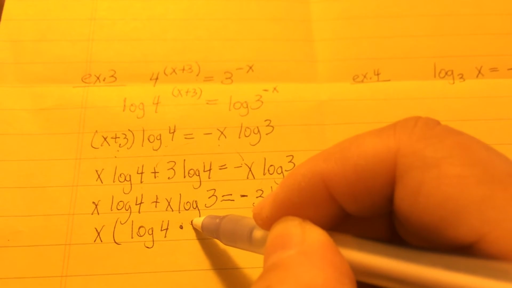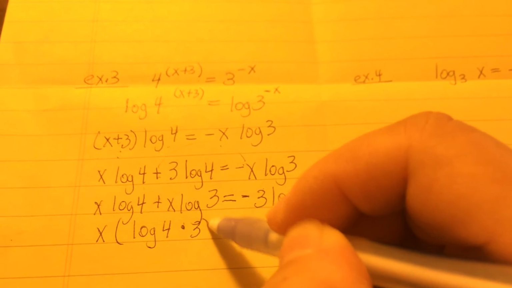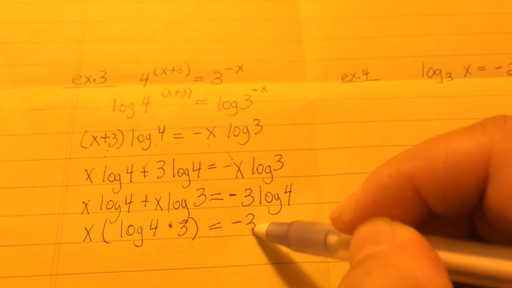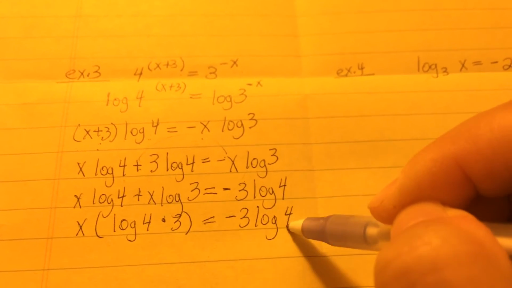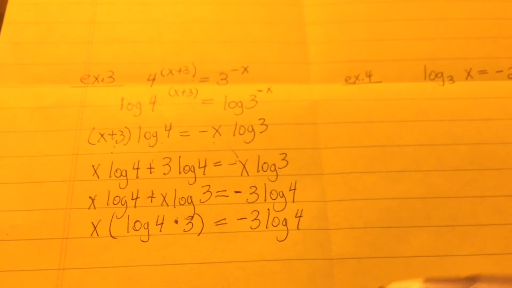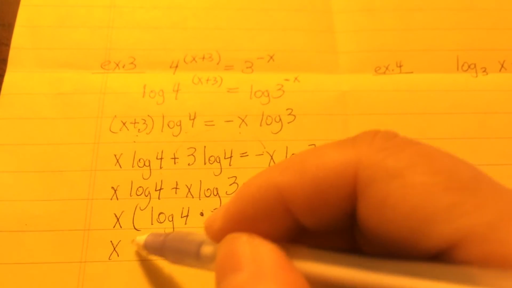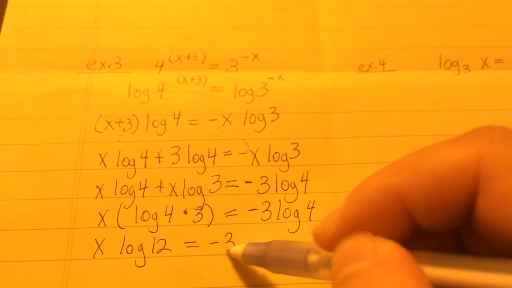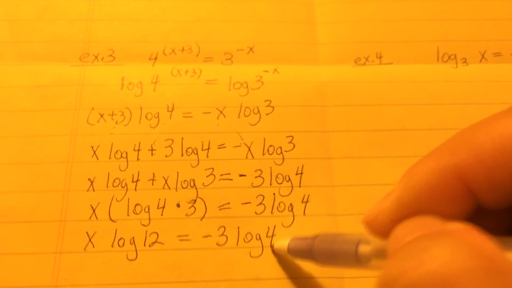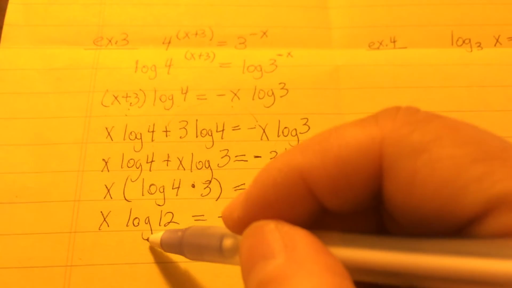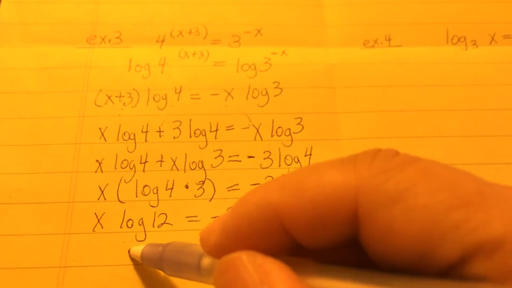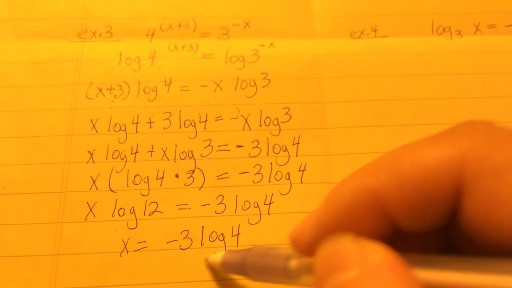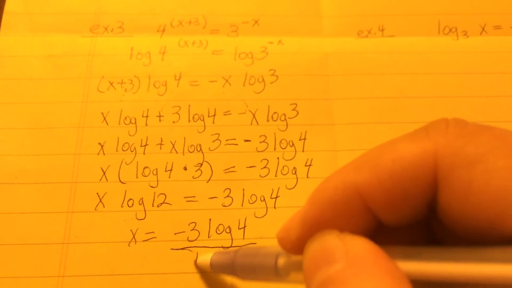Go ahead and do the multiplication: log 4 times 3 is equal to negative 3 log 4. So this becomes log 12, equal to negative 3 log 4. Again, we're solving for x, so we can divide both sides by log 12. So it becomes negative 3 log 4 all over log 12.